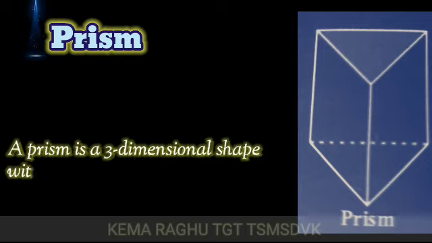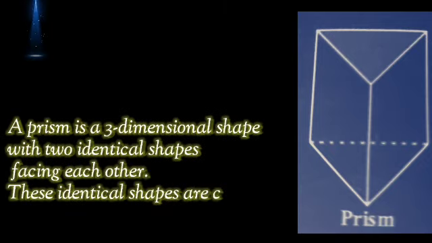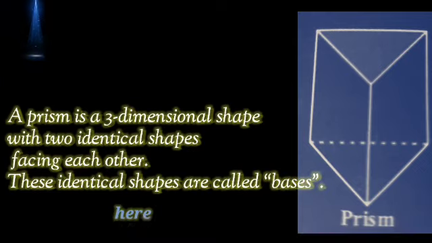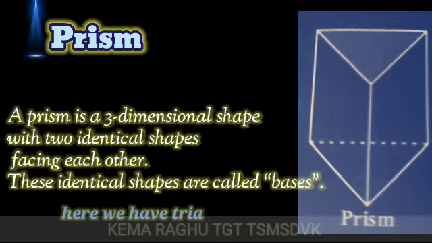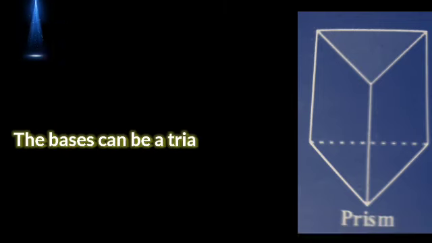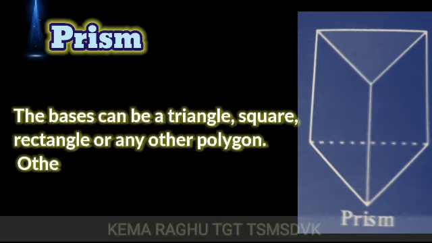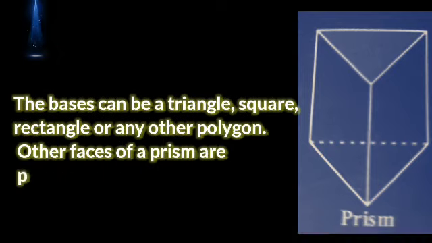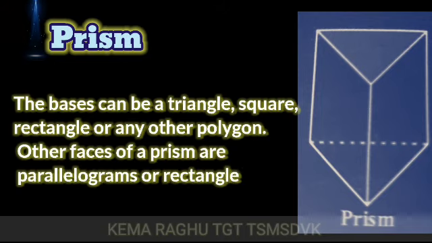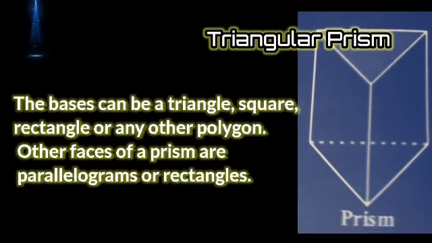Now look at this picture, which we call a prism, where two identical bases are joined by rectangular faces. The base can be a triangle, square, rectangle, or any other polygon, and the other faces are parallelograms or rectangles.